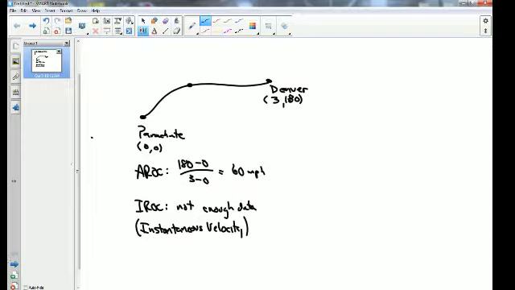Can anybody give me an example of a person that takes your instantaneous rate of change? The police officers. So when they radar gun you, that's an instantaneous rate of change. So all they have to do is catch you at any one moment going over the speed limit to pull you over. And hopefully you actually pull over.